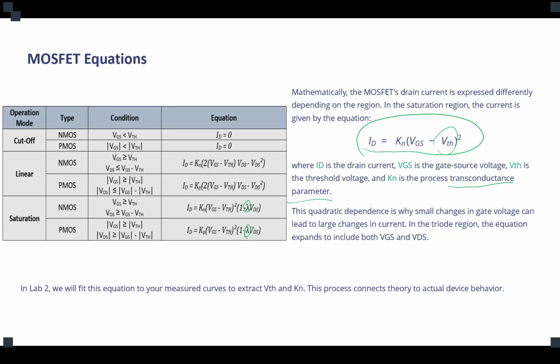Now, how you can measure that in the lab, if you wanted to measure that Kn in the lab, you have to inject a certain voltage between the gate and source, connecting the voltage supply between gate and source.